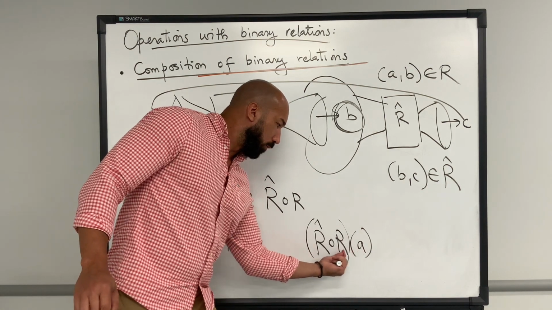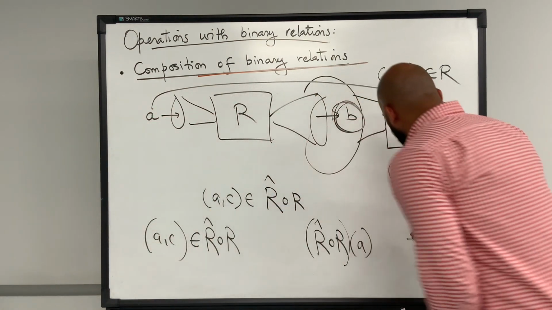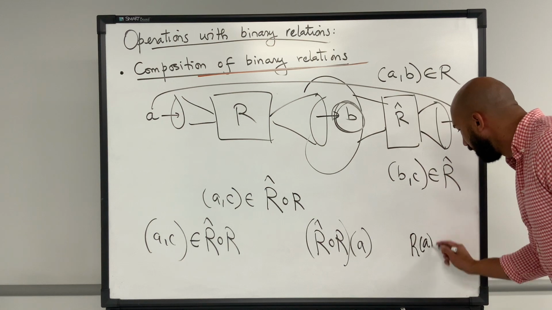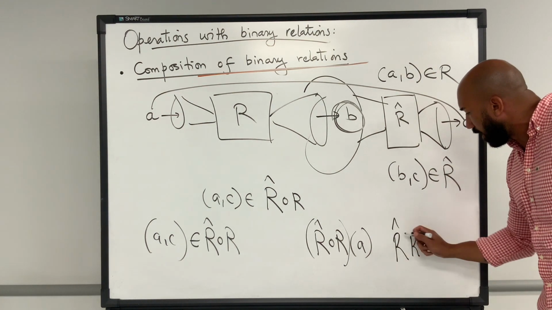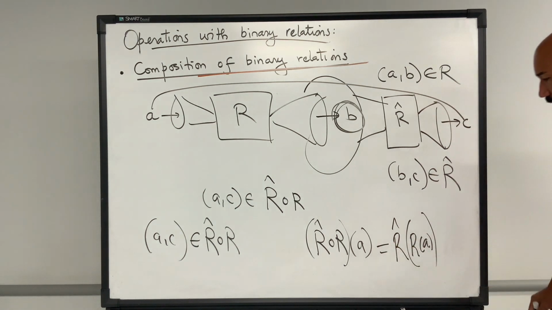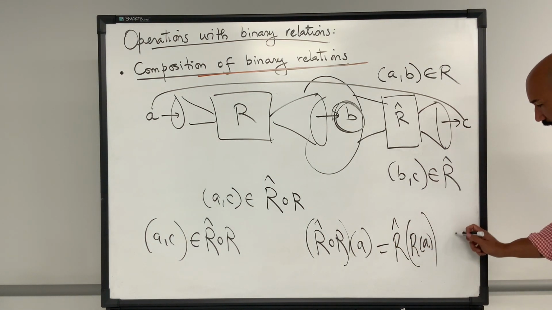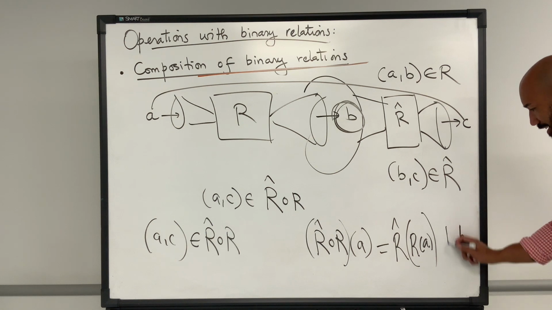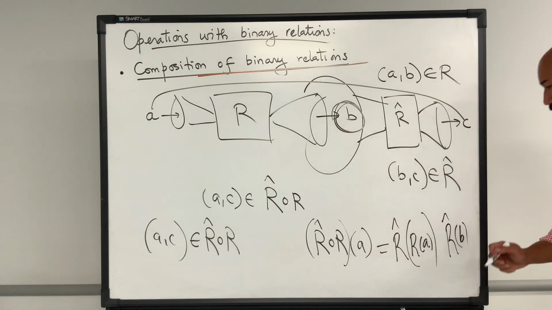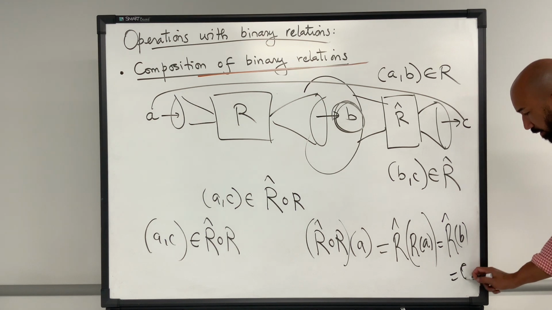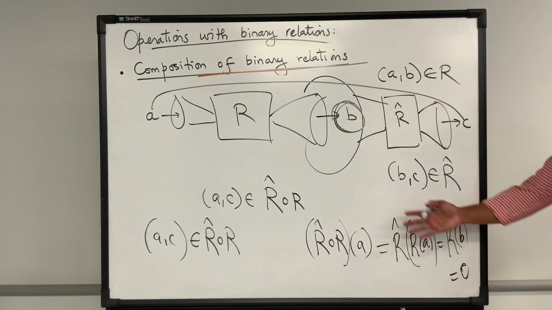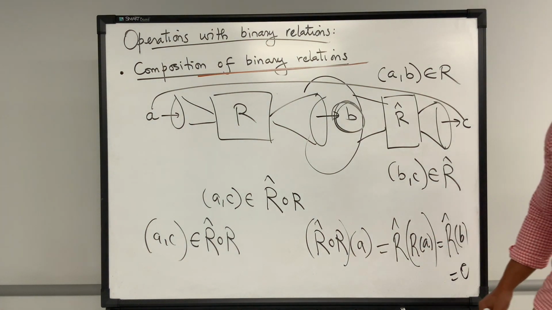This input is taken by R, and the output that R produces is gonna be taken by R hat. So R evaluated at A is B, and that B, the output of the first function, is going to be taken as an input by R hat, which produces the final output C. That is what is happening here. Is that okay?